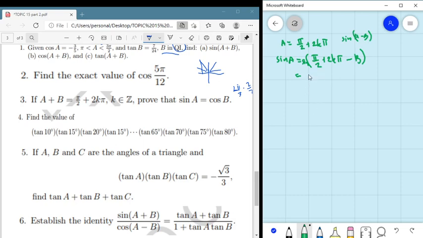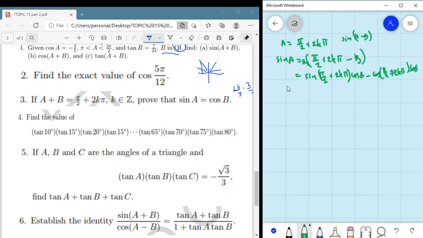And this will be equal to sine of pi over 2 plus 2k pi times cosine beta, minus cosine of pi over 2 plus 2k pi times sine beta.